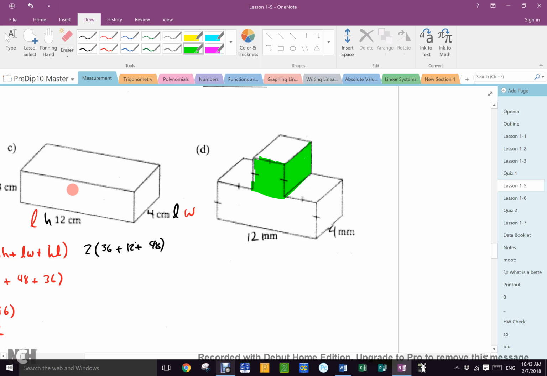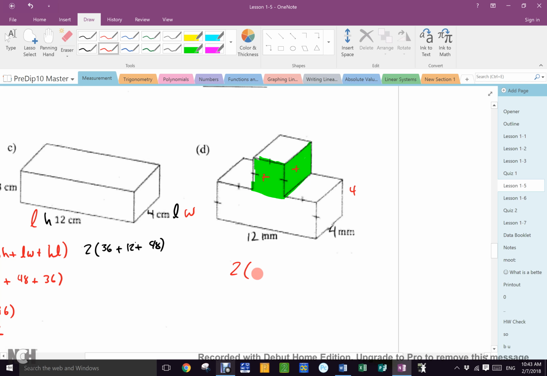So if I did the surface area of the bottom over here, and then I added how many of these? 2? 4, because there's one in the back, one on the other side. I would have the same answer, wouldn't I? Does everybody understand what I'm saying? So the bottom of this, I know, is 4, 4, and 12, right?